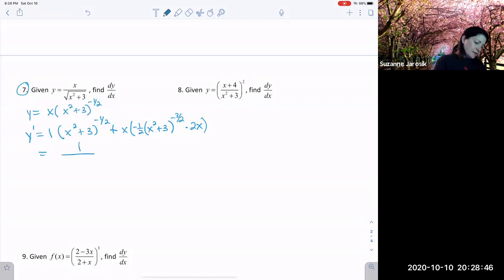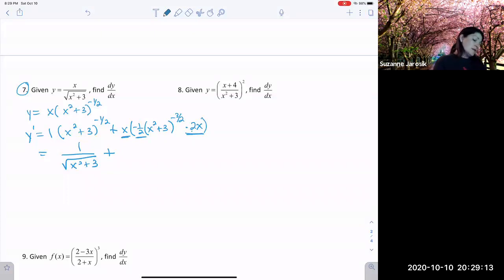Really, if you want, you can clean this up in this manner. So the 2x and the x can stay in the top of the fraction, if you will. Pardon me. 2x times x times 1/2, negative 1/2. So let's actually do this. This, and this can all be combined.